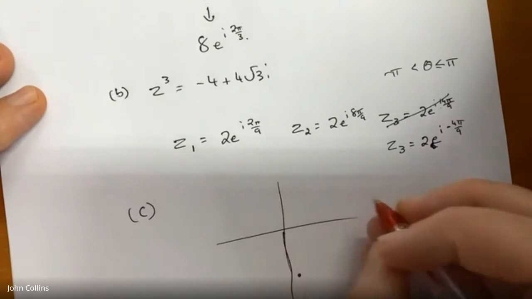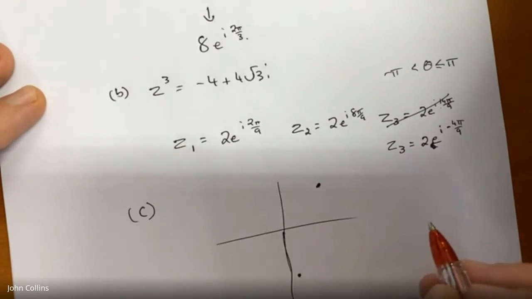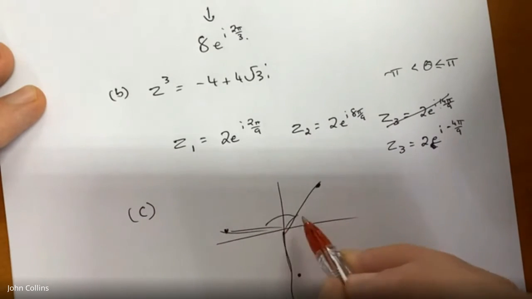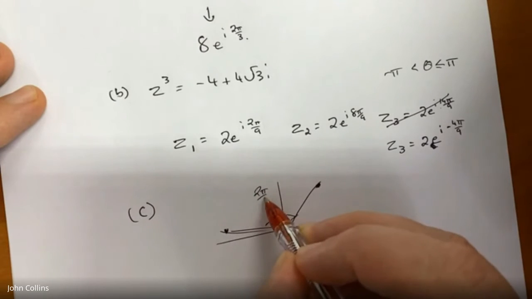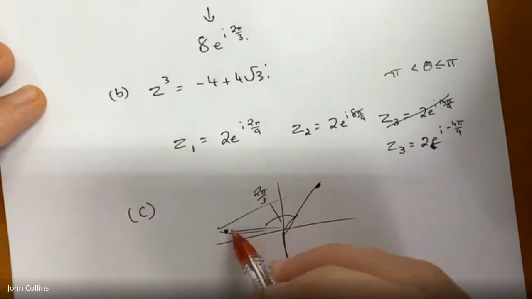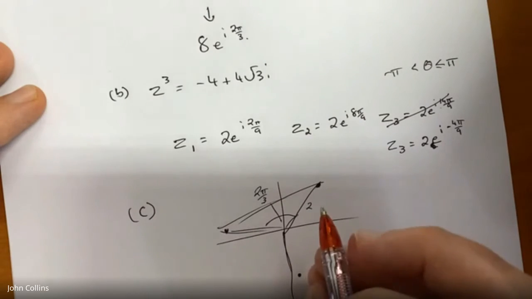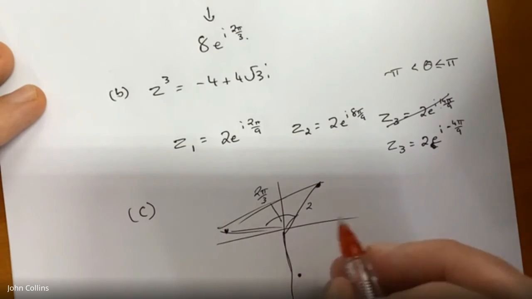You have A somewhere there, and B is going to be over here. So they're all 2 pi over 3 apart, aren't they? And we know that the modulus is 2. Yes, the modulus is 2.